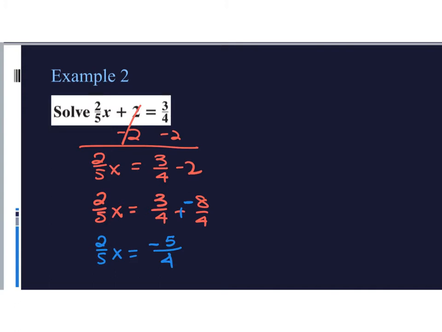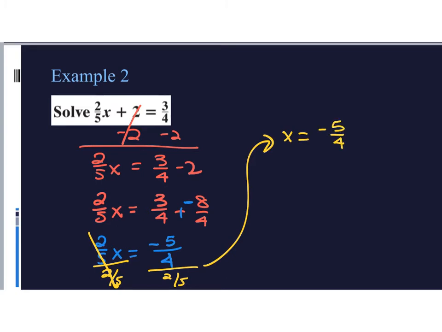Now I can go ahead and simplify or get rid of the 2/5 with the x, and I'm going to do that by dividing both sides by 2/5. So my 2/5 are going to cancel, and I'm going to be left with x equals a negative 5/4 divided by 2/5.